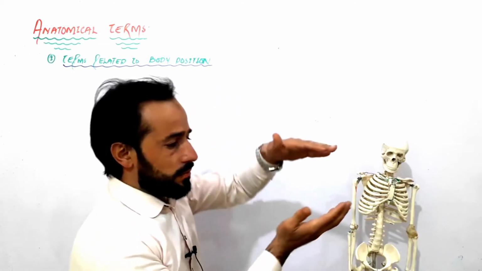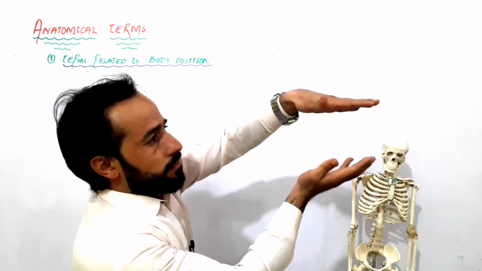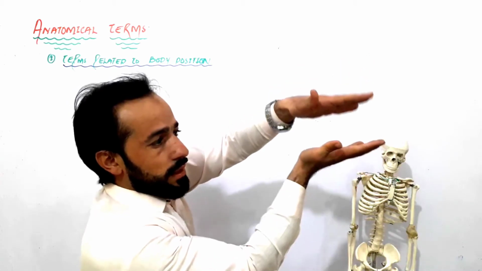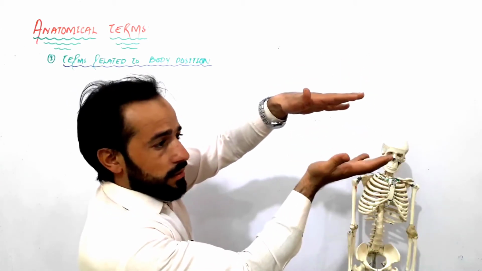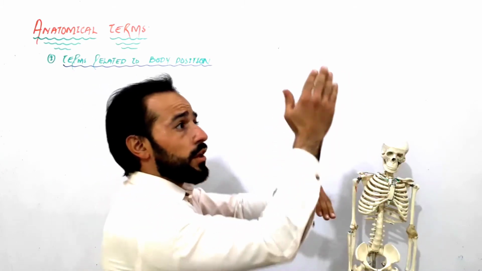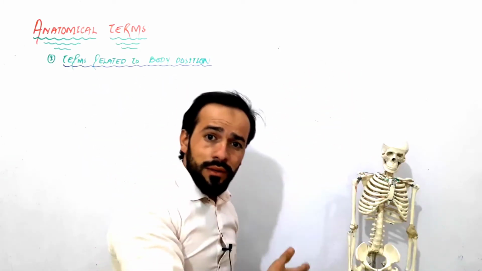We will learn them inshallah. Look, my left hand is above my right hand, and my right hand is below my left hand. So what do we call this above and below in the anatomical terms, right?